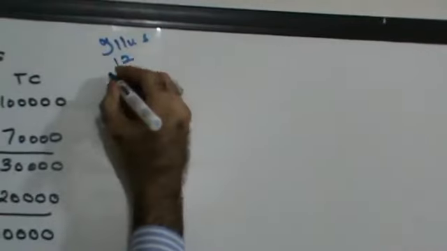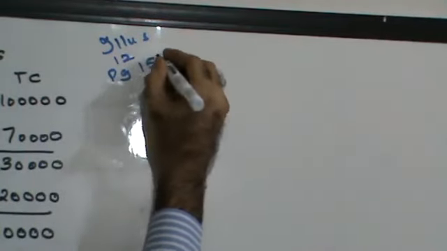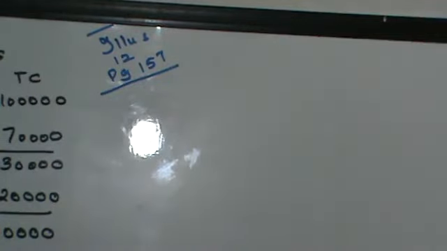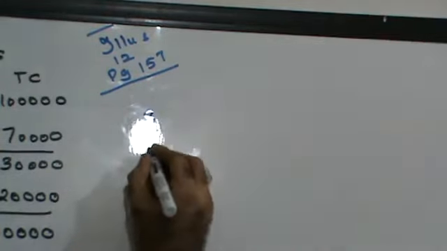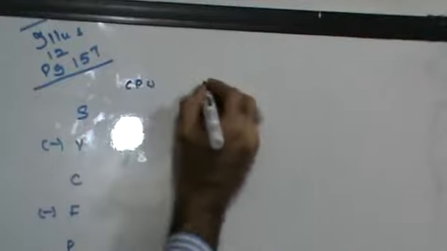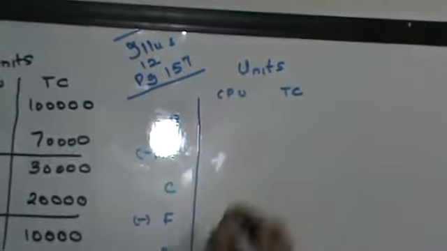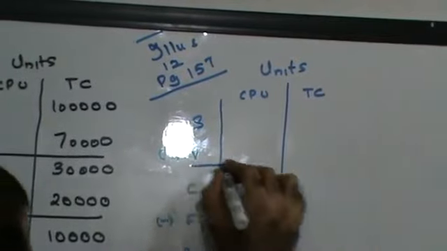Illustration 12, page 157. Let's make the table first. SVCFP. Right.